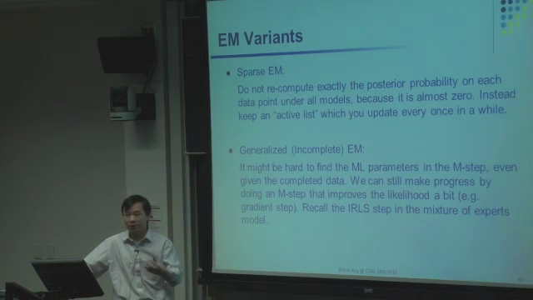Maybe not, right? So heuristically, you can maybe monitor the rate of change of the posterior over the points. For those which are changing dramatically in every iteration, that means they are really interesting. They are influencing the reassignment of the centroids. Then you really need to keep up with that.